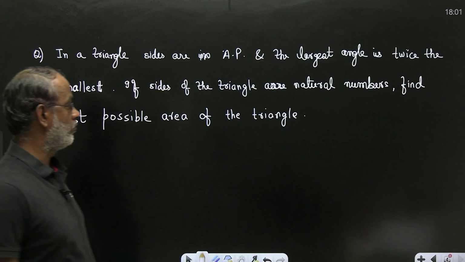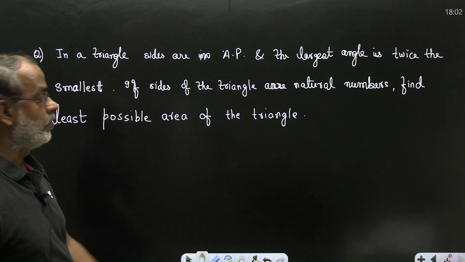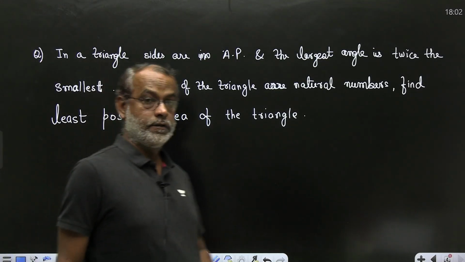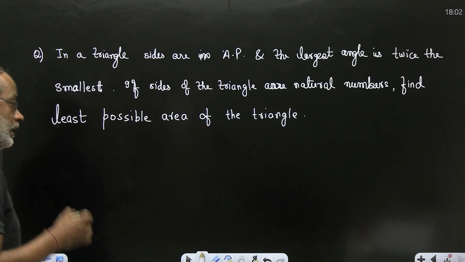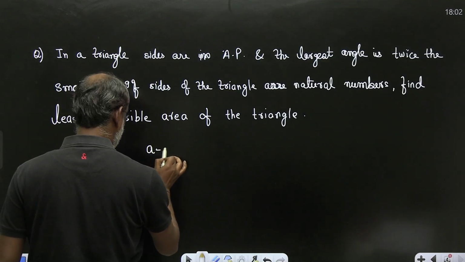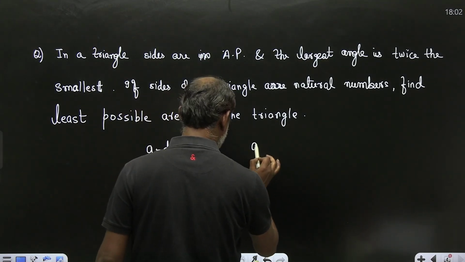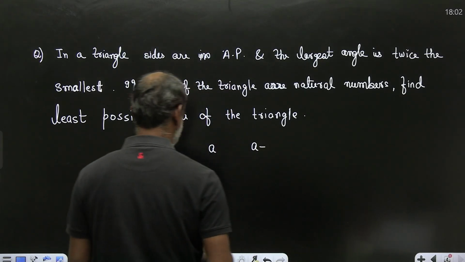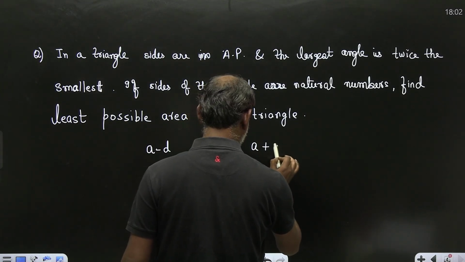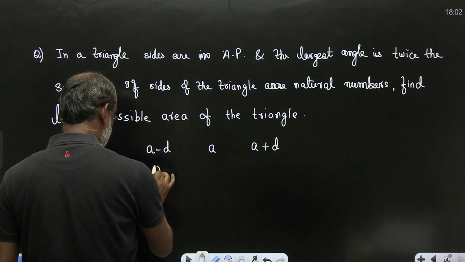Unfortunately, there is some lag in the board. Some issues are there. Okay, so I have deliberately written the whole expression very slowly, because otherwise it was all getting haywire. Fine. Here also, let us say the sides of the triangle are A minus D, A, A plus D. The smallest angle is say theta.